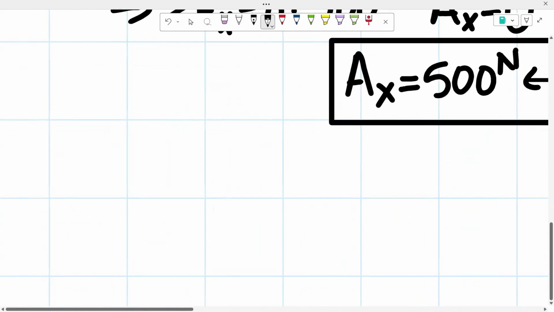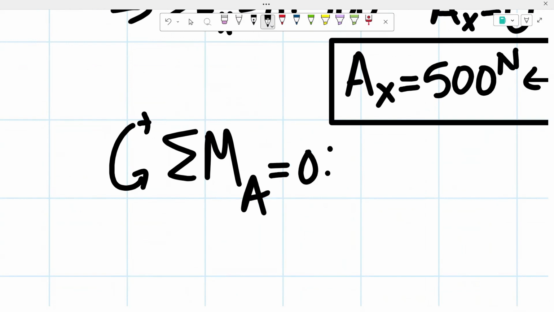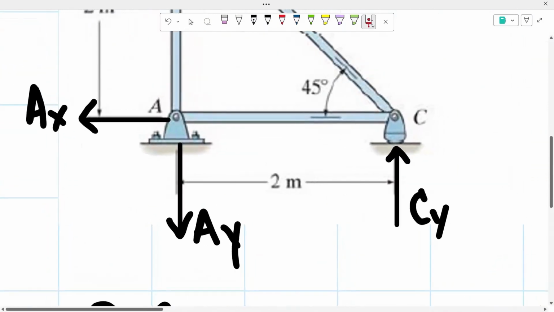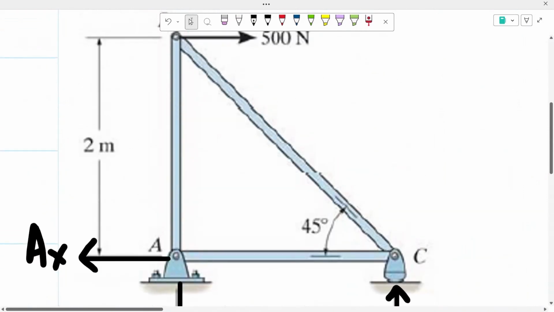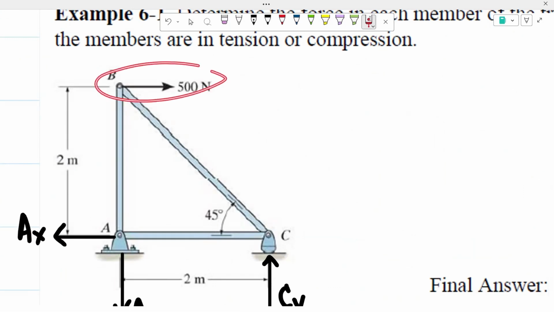Sign convention, counterclockwise positive, the sum of the moments about point A has to equal 0. We know that A of x will not be creating a moment, nor A of y. So the only two forces that are going to be creating a moment are our 500 newtons and that C of y. Remember, moment is equal to the force times the distance.